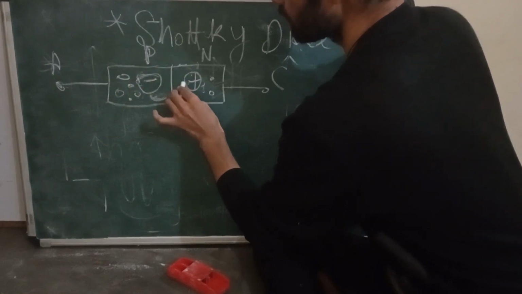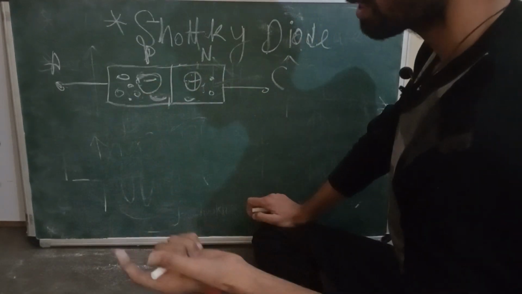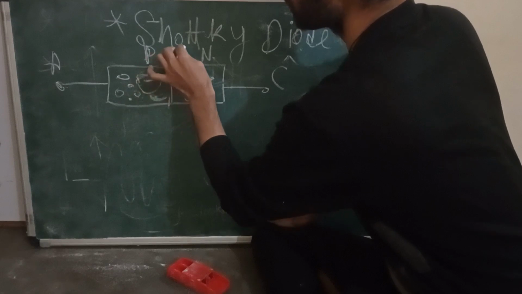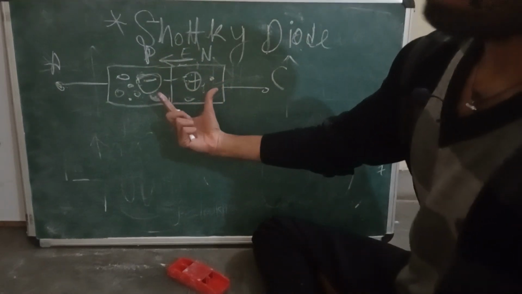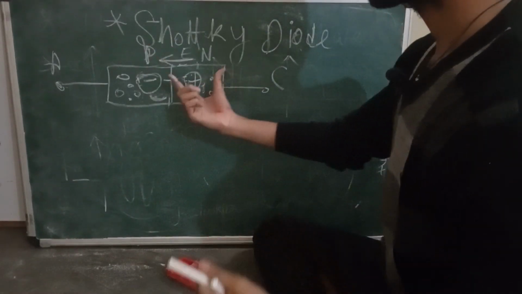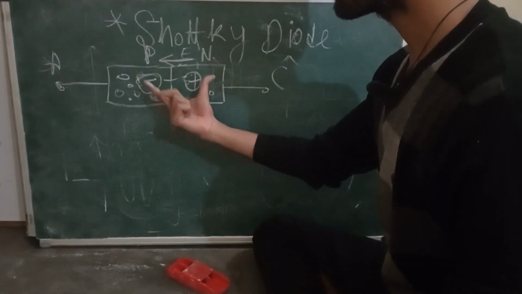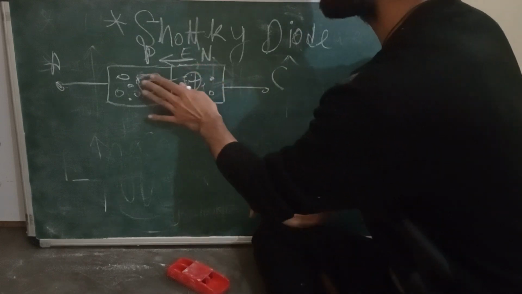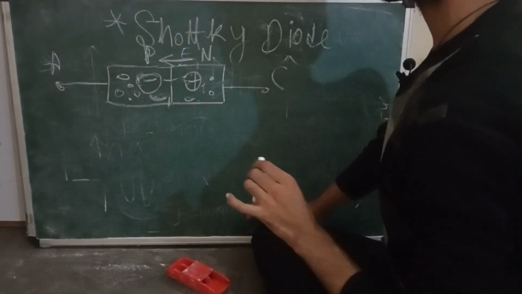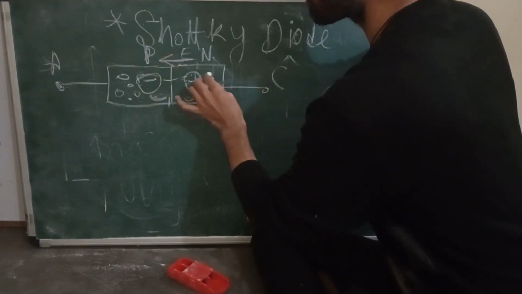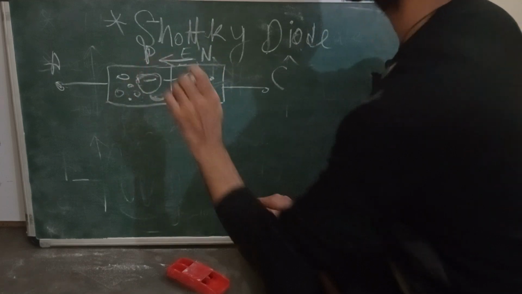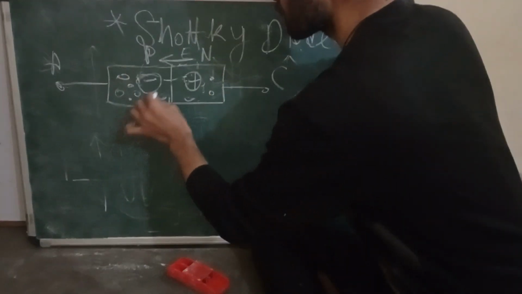When these ions get formed, there is an establishment of an electric field across the junction. Due to this electric field, it will stop the further movement of charge carriers from the P side to the N side and from the N side to the P side.